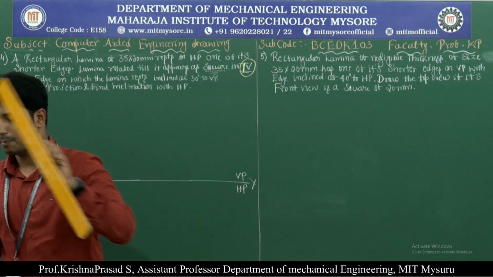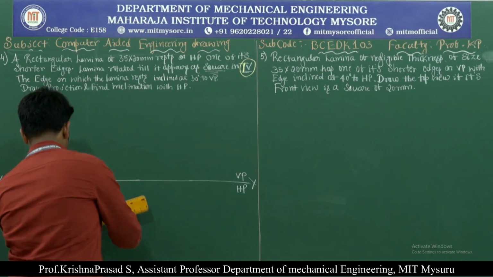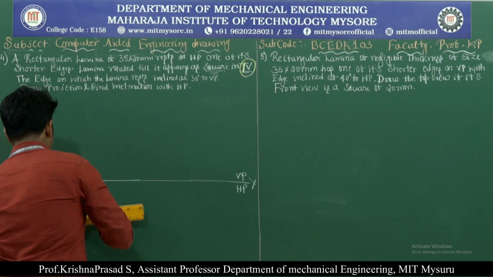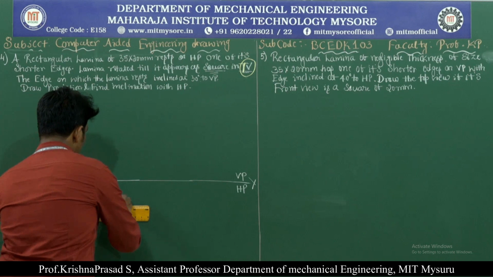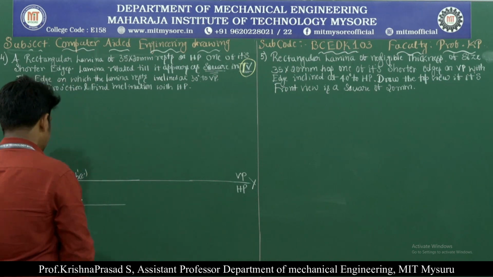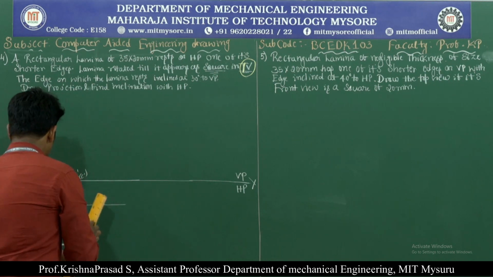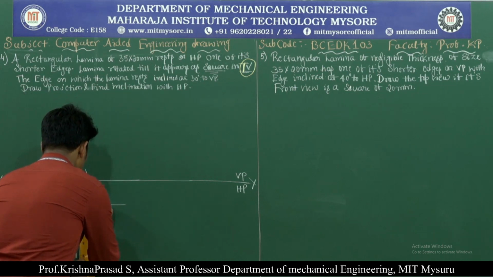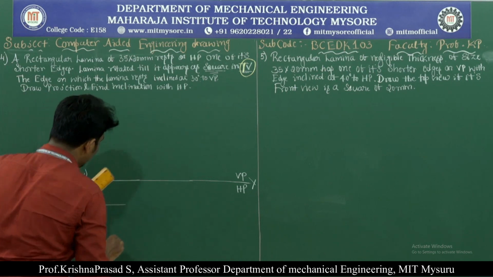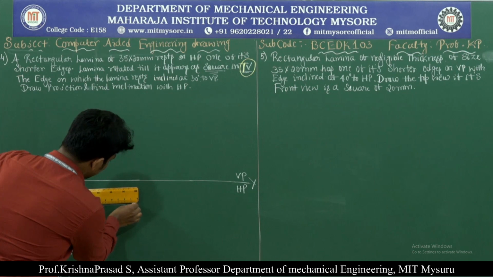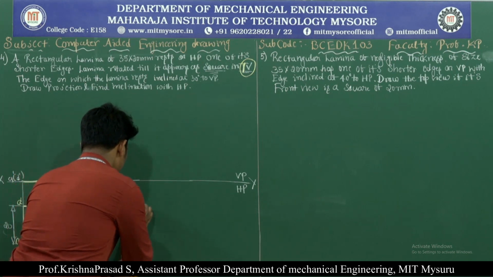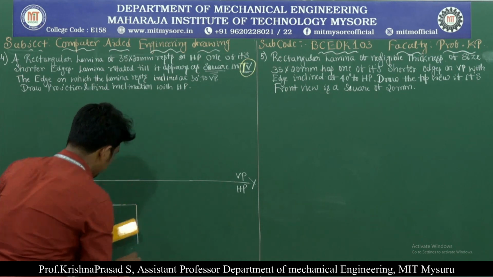That means we need to draw a square lamina with the dimension of the shorter edges. Okay, so what is the dimension of the shorter edges? It is nothing but 20. Okay, draw the dimension 20 in the top view.